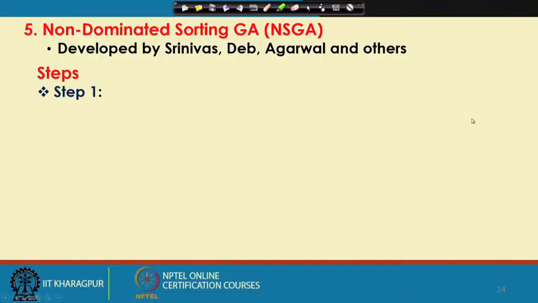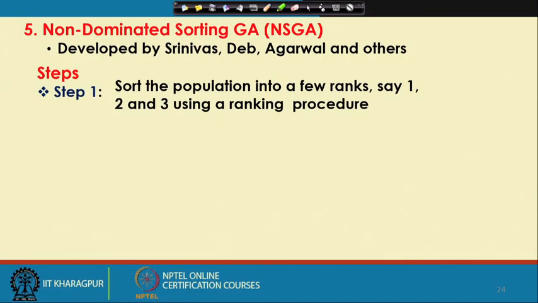Now, let us start with step 1. We sort the population into a few ranks, say 1, 2, 3 and so on. As we discussed, a GA starts with a population of solutions selected at random, and first we try to sort them into a few ranks based on their fitness values.